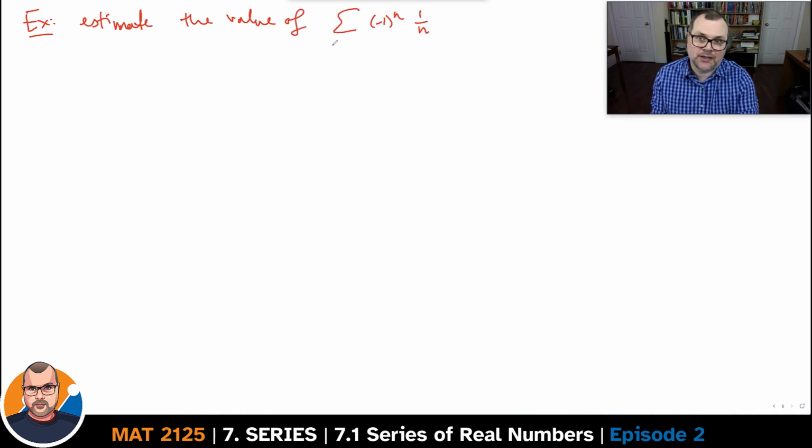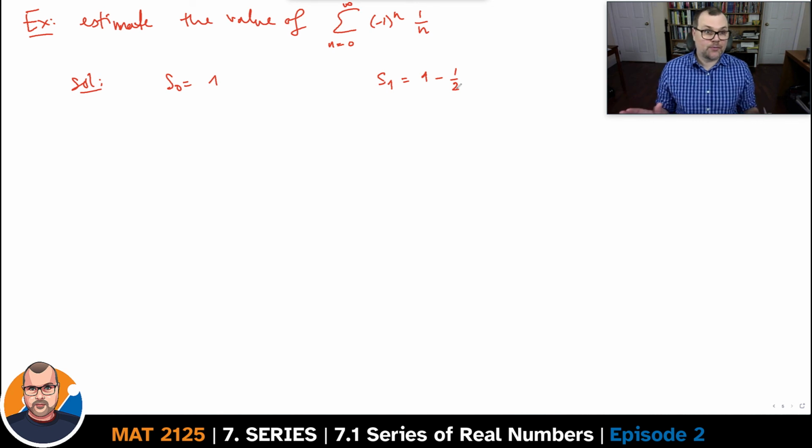If you wanted to estimate the value of the alternating harmonic series, we just compute some of the partial sums. S0 is 1, S1 that's 1 minus 1/2. So right off the bat, we know that the true value has to lie between 1 and 1/2. If we call the value of the series L, what we know is that it has to reside between 1 and 1/2.